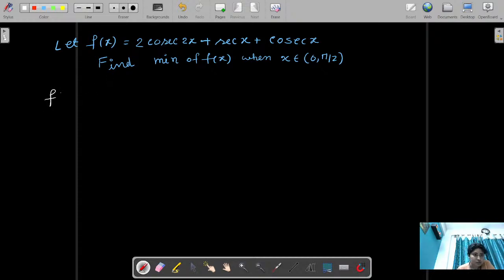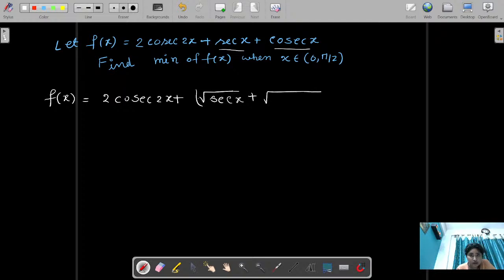Okay. So f of x is equal to 2 cosec 2x plus this thing, sec x plus cosec x. So we can write it as root under sec x whole square plus root under cosec x whole square.